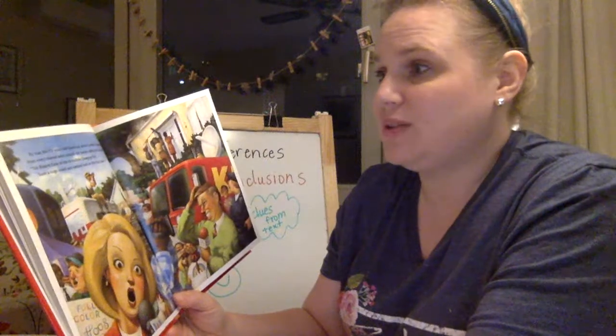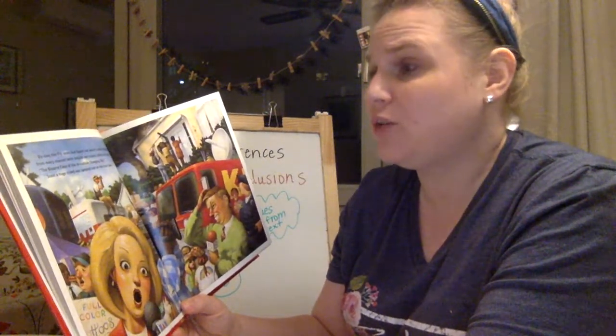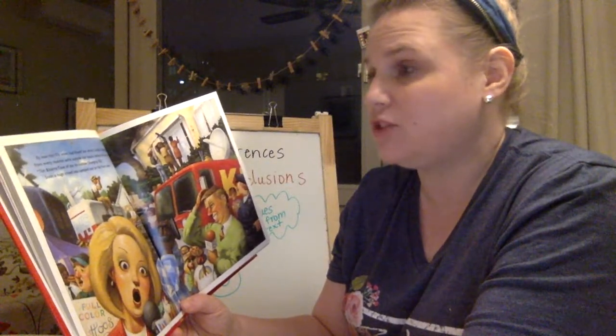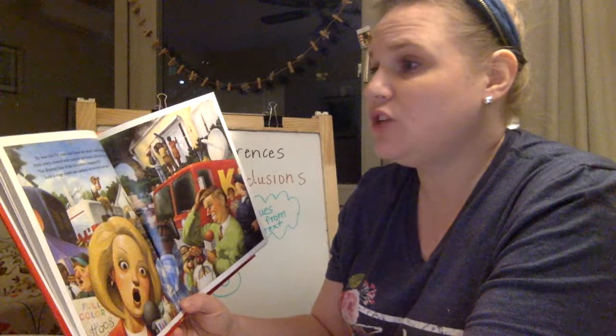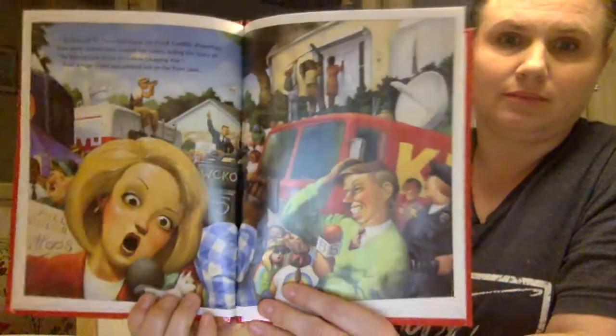By now, the TV news had found out about Camilla. Reporters from every channel were outside her house telling the story of the bizarre case of the incredible changing kid. Soon, a huge crowd was camped out on the front lawn.